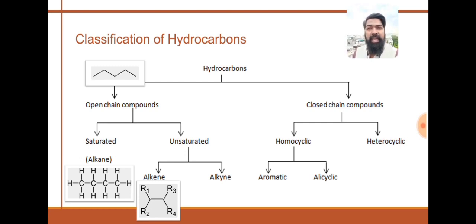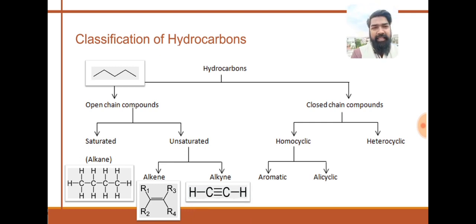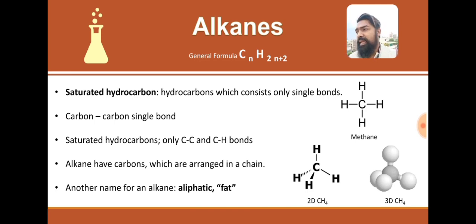These are the various examples of saturated and unsaturated compounds. Now, the very important one is the carbon triple bond, that is alkyne, which you have on the screen. Now what about the alkenes and alkynes? We are going for the aliphatic.